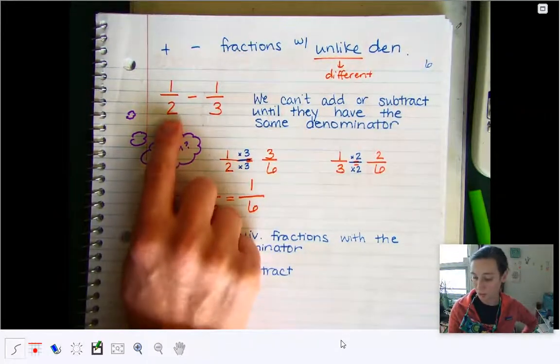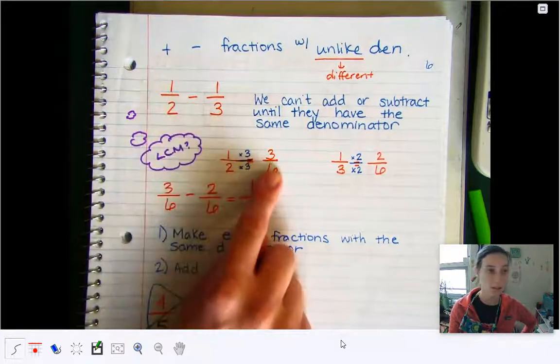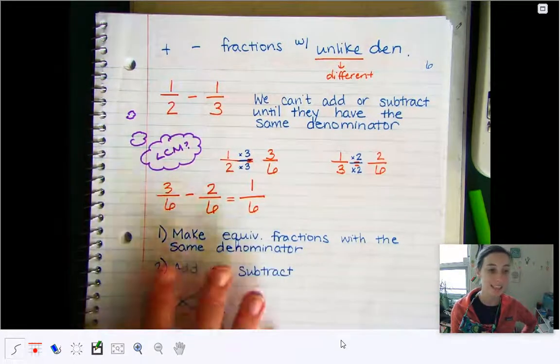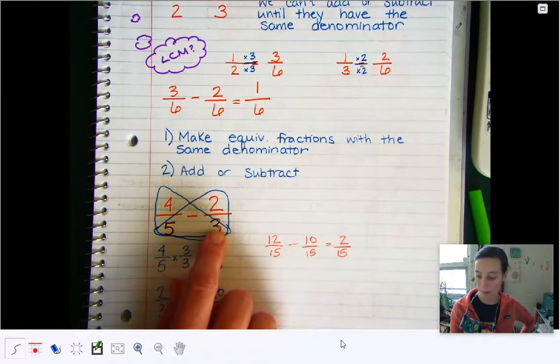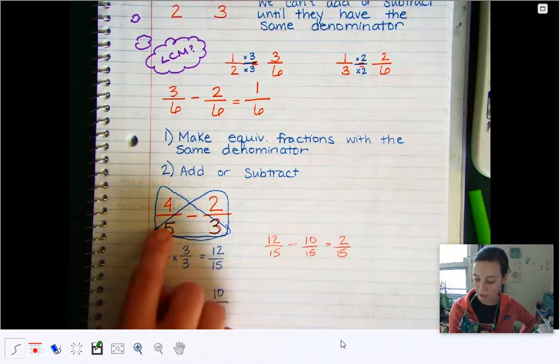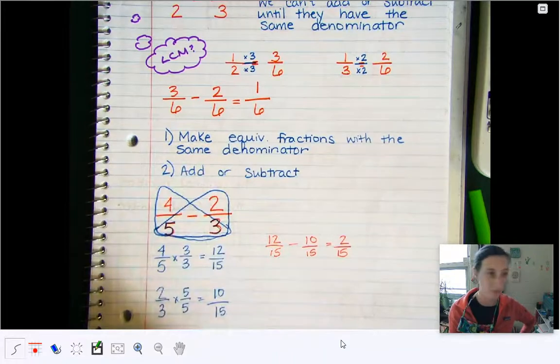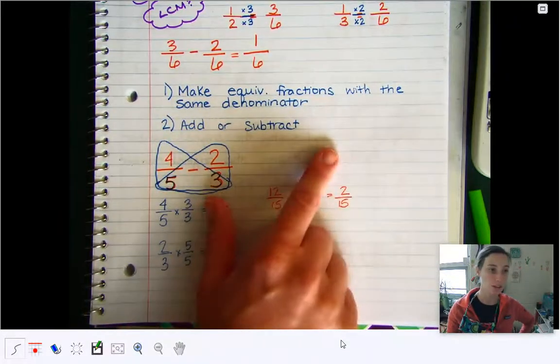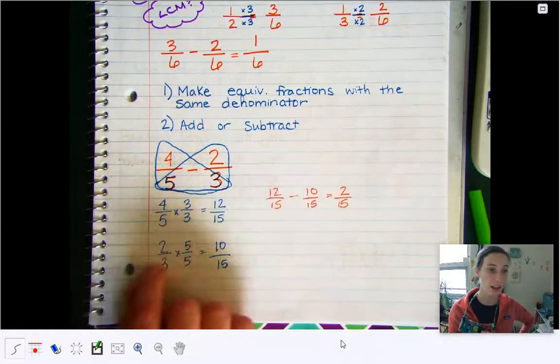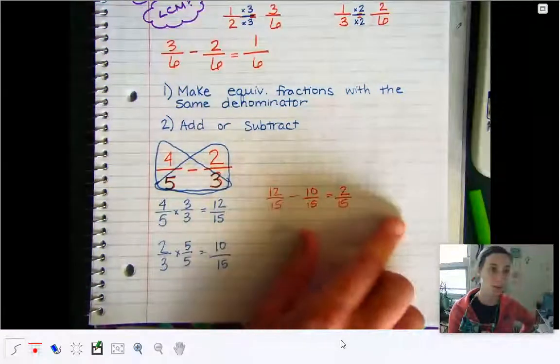So the least common multiple of 2 and 3 is 6. Or sometimes the easiest common multiple is just to multiply whatever number is on the bottom by both numbers over here, and this denominator by both numbers over here. Either way, once we make equivalent fractions, then we can either add the numerators or subtract the numerators.